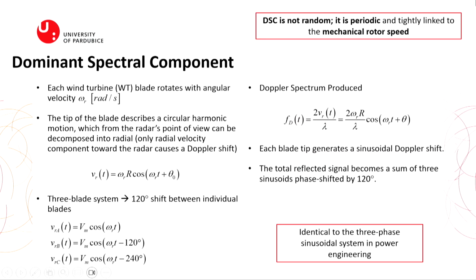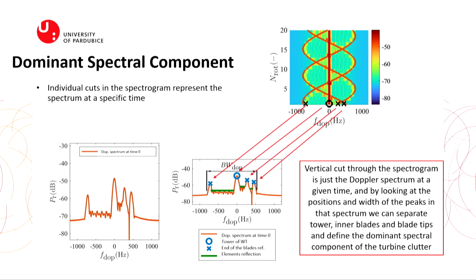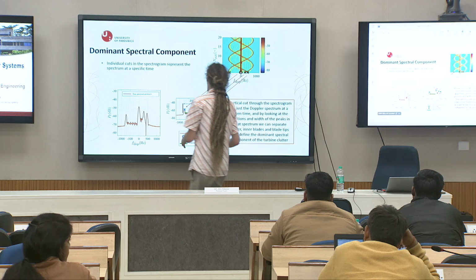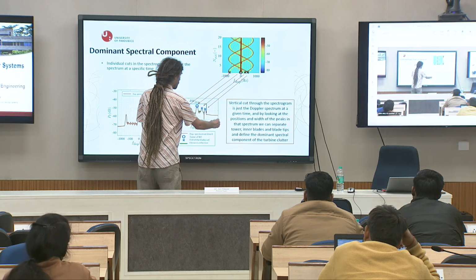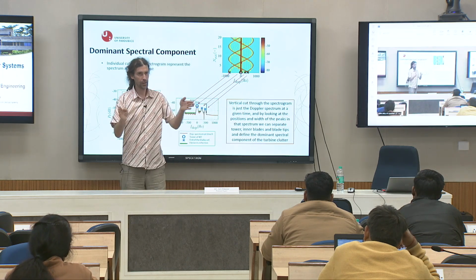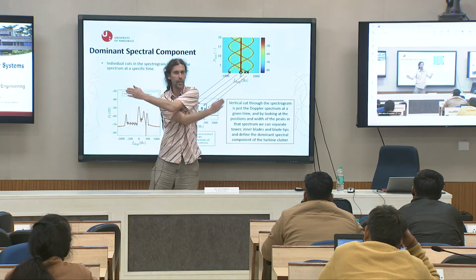So the DSC component is not random. It is periodic or quasi-periodic and tightly linked to mechanical rotor speed, of course. Because if the rotor speed is higher, what happens? The maximal Doppler will be higher, and they will travel through a higher distance.